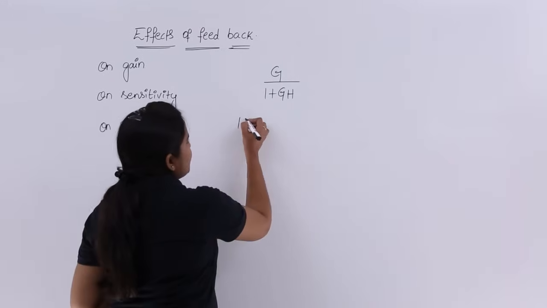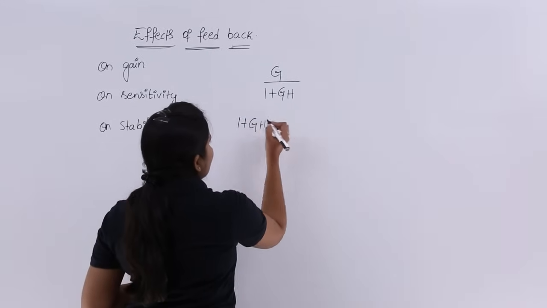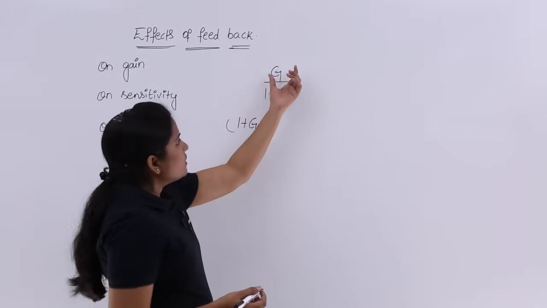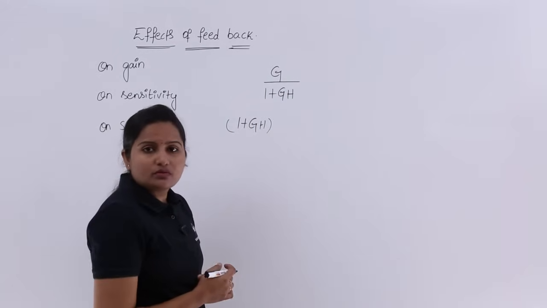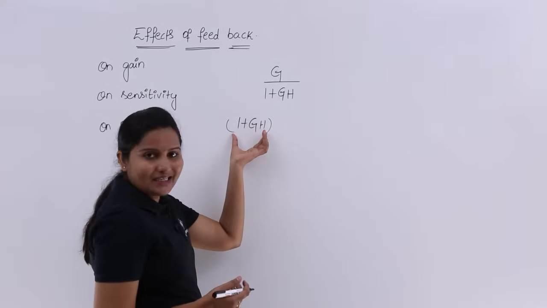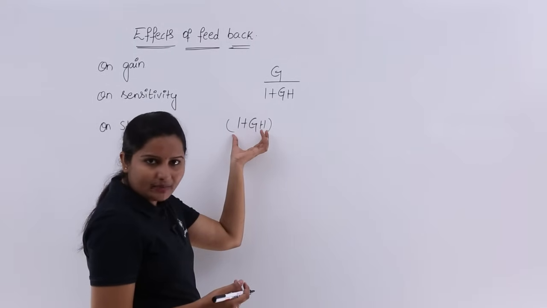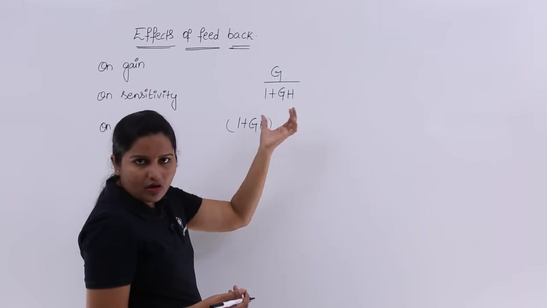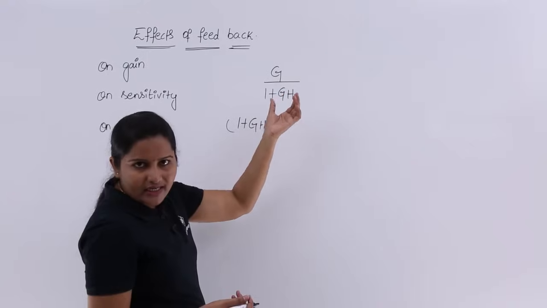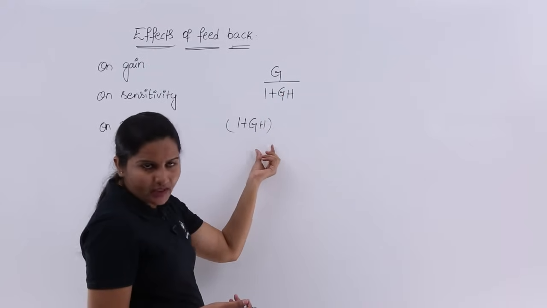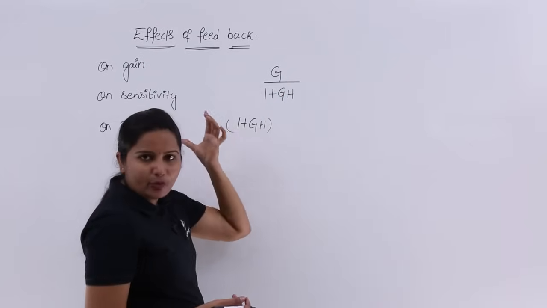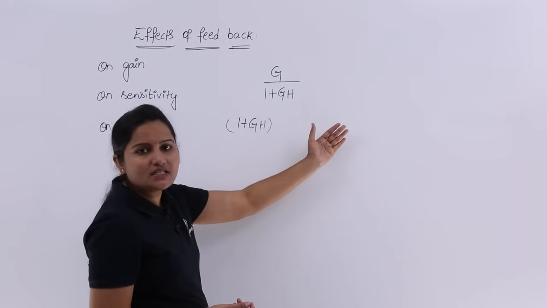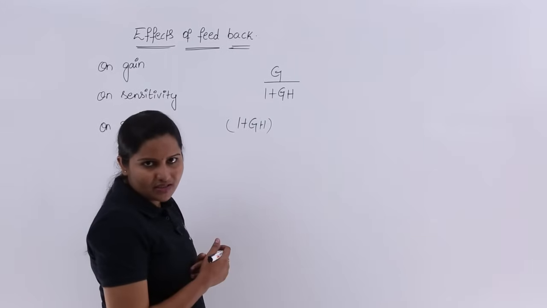If 1 plus GH is increased, or if it is greater than 1, then the overall gain is going to reduce. If GH is positive, this total value keeps on increasing, and if this is increasing, the total gain of the system is going to decrease.